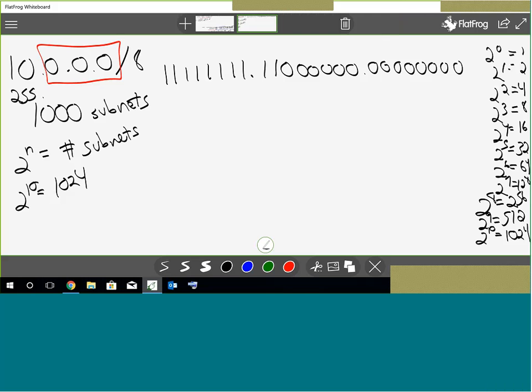What does this equal in decimal? 255. And this one? 192. And then this is 0. Correct.